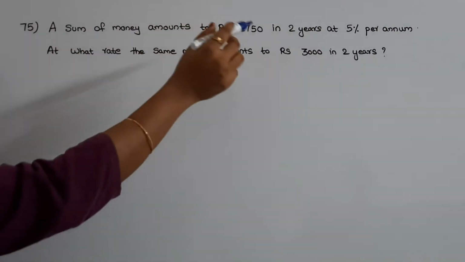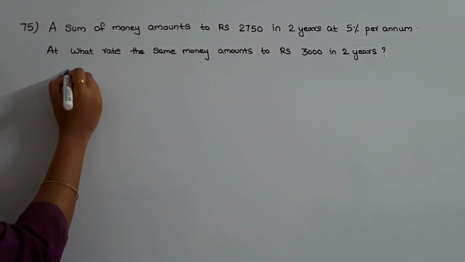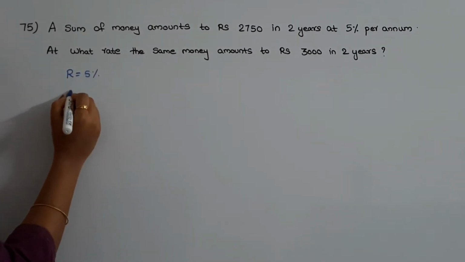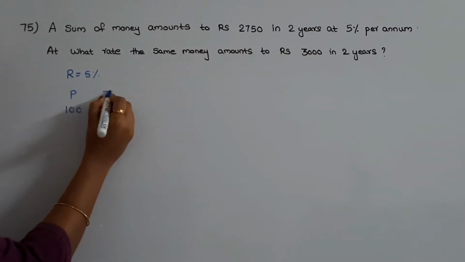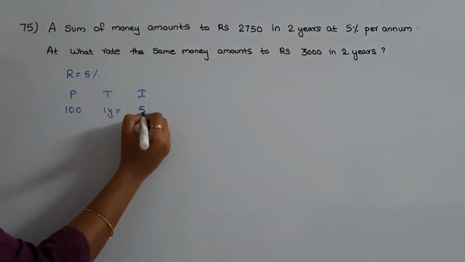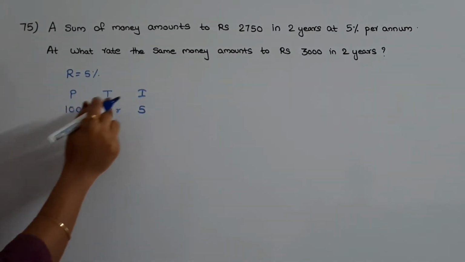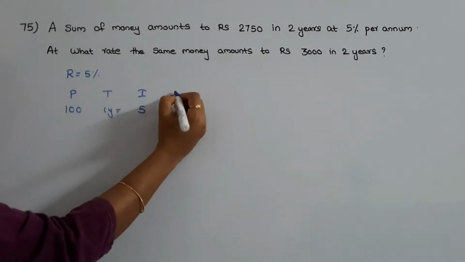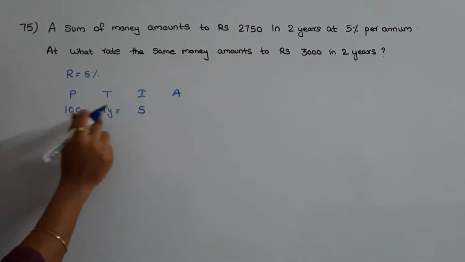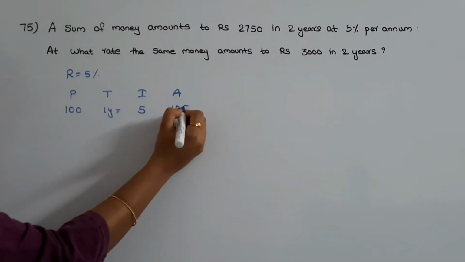Now, here the rate of interest in the first situation is given as 5%, which means when the principal is 100, time period is 1 year, interest is equal to 5. Now, when the principal is 100, interest is 5, what will be the amount? Amount will be equal to principal plus interest, that is 100 plus 5, 105.